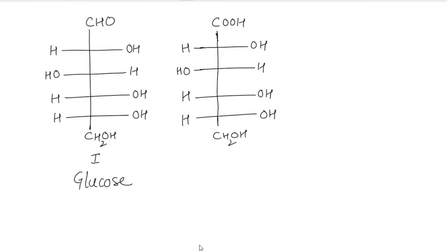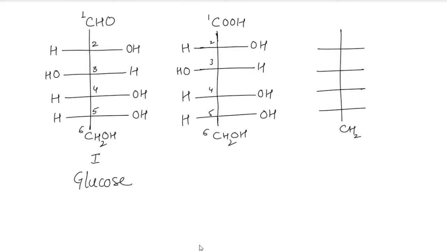We should keep in mind all these arrangements. Only see at the third carbon it is different. Rest is H, OH. Okay. 1, 2, 3, 4, 5, 6. So this is gluconic acid.